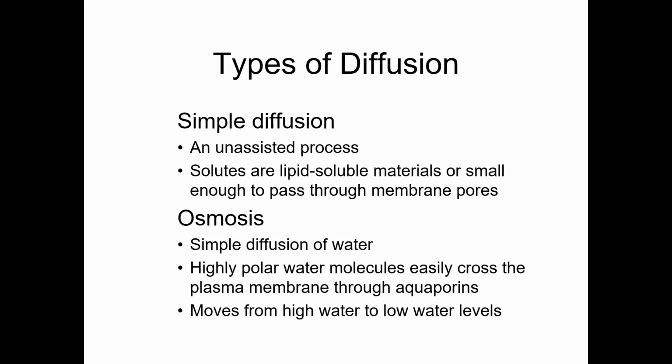So if the water concentration inside our cell, for example, in a human cell, the salt concentration in our plasma is 0.9% sodium chloride, which means that it's 99.1% water.